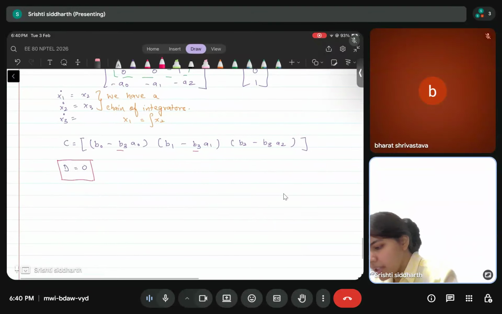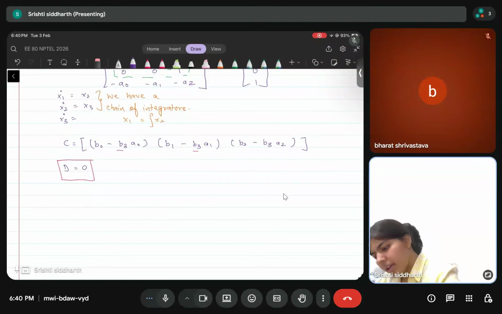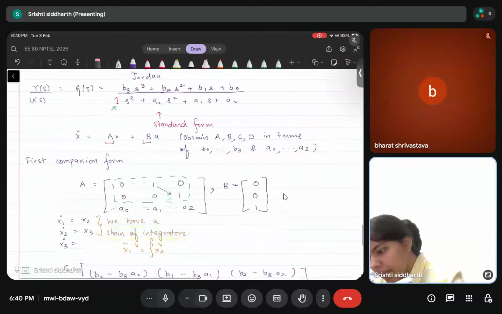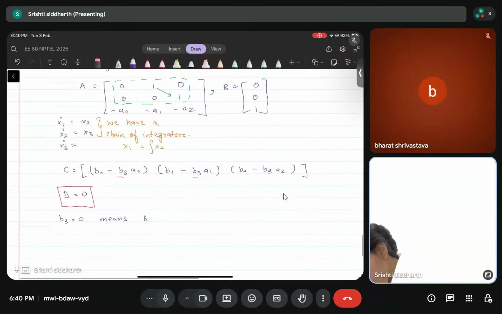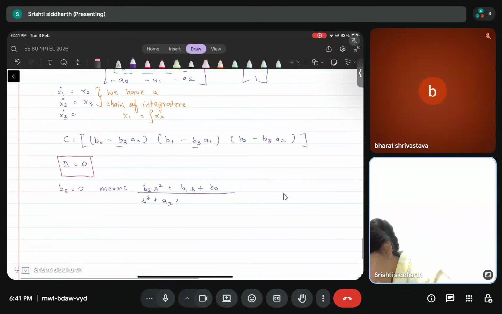Now, in case that b3 is 0, it would simplify the expression for C, right? So b3 is 0 means that the transfer function looks like b2 s squared plus b1 s plus b0 upon s cubed plus a2 s squared plus a1 s plus a0.